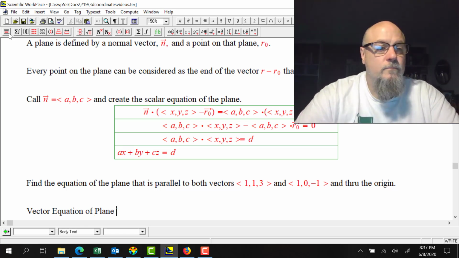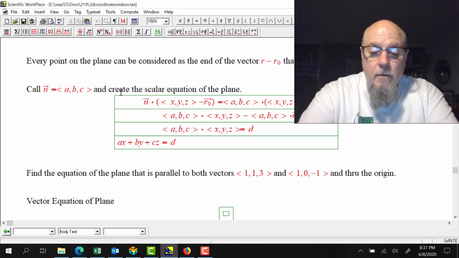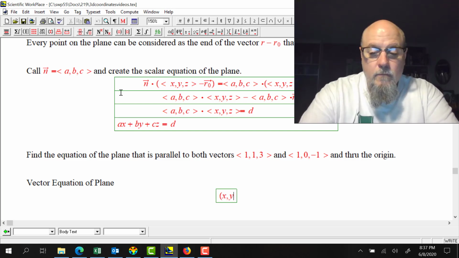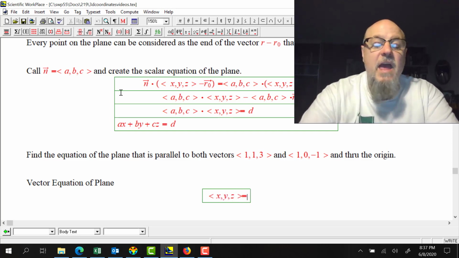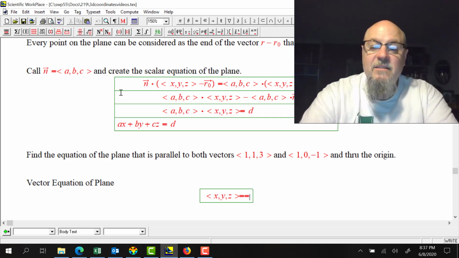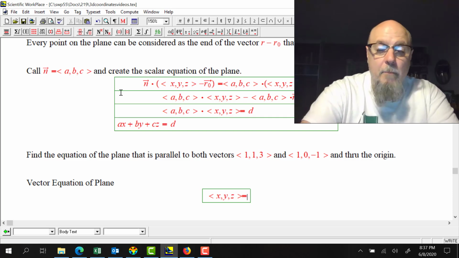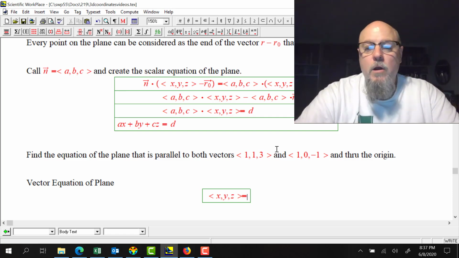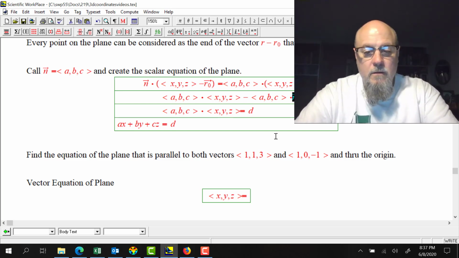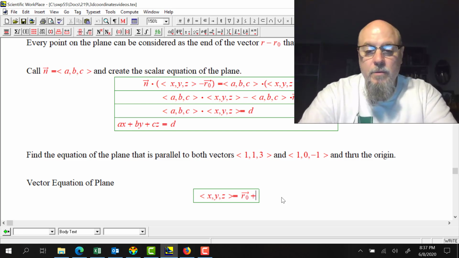So that x, y, z, that's every point on the plane. It's going to be equal to a point on the plane, which we were calling, if I use the same notation from up there, R naught plus.